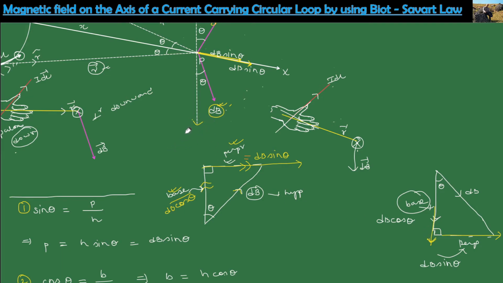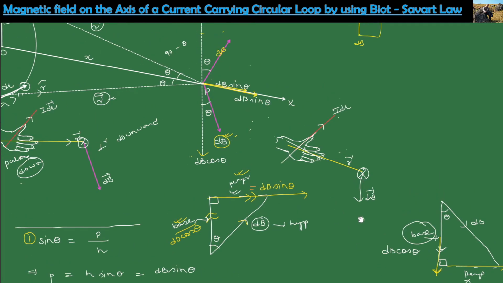So this will be the direction of dB cos of theta. That is the way to solve these important steps.